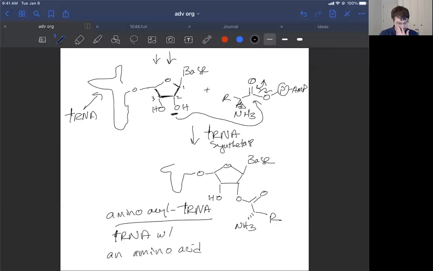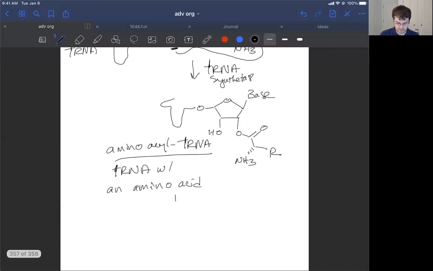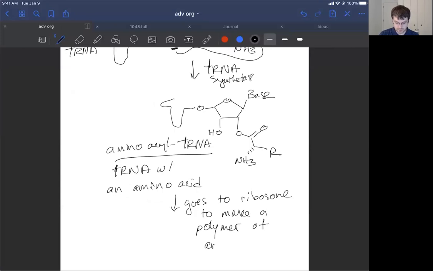So the amino acid is adducted to the tRNA. It's been charged, so now it can go to the ribosome. This is going to make a polymer of amino acids, which, of course, is a protein.